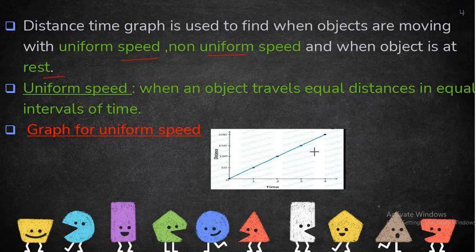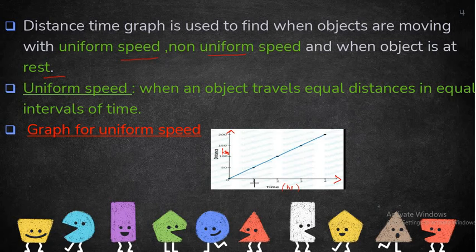For example, here I have given the distance, and along the x-axis I have taken time. I will mention the unit of distance as kilometer, and time in terms of hour. Whatever graph I wrote, it is for uniform speed.